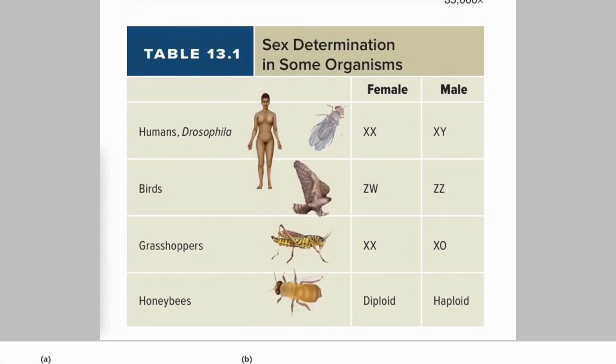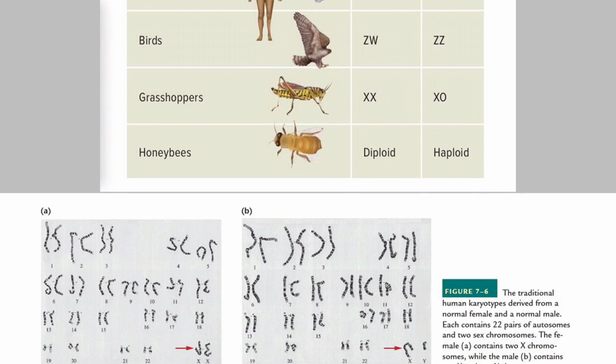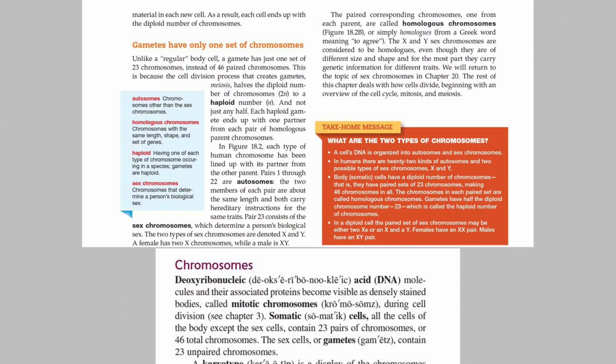Different figure. This is also an important table for you. Human and Drosophila, female XX, male XY. In bird, there is ZW, ZZ. Then grasshopper female XX, and male is XO. Honeybee, diploid and haploid, female and male.